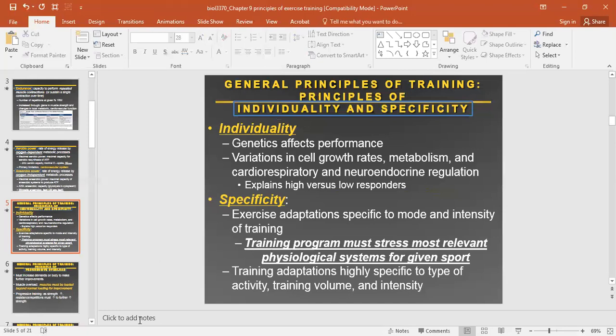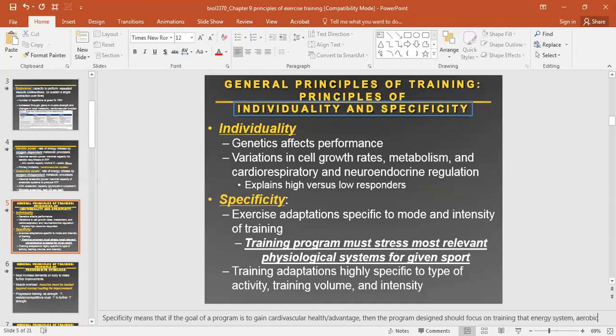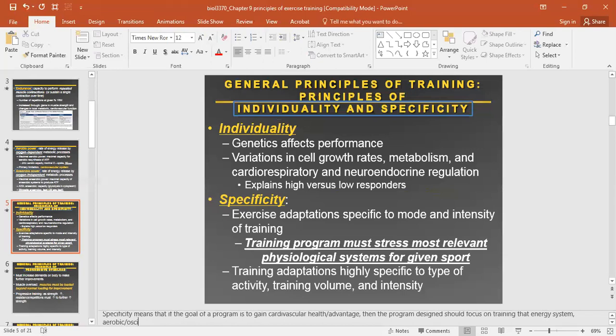So if the goal of a program is to gain a cardiovascular health advantage, then the program designed should focus on training that energy system, aerobic or oxidative metabolism.